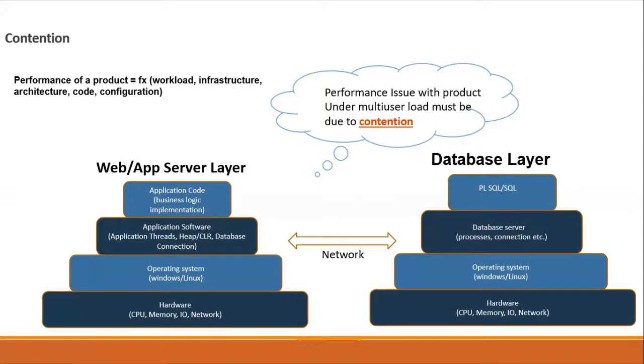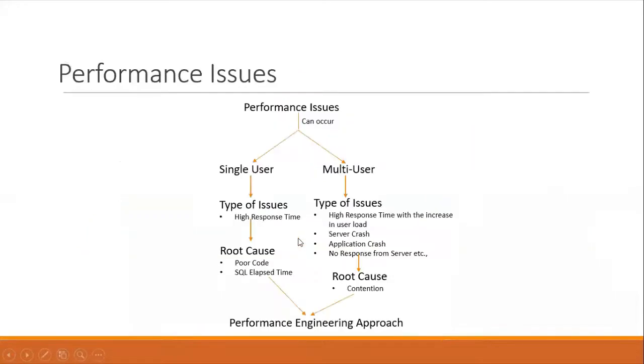Our approach can vary. We can start with some parameter to see if it is causing the problem. If not, then we can start looking into other parameters to see which component is causing the issues. Okay, so this is about contention.